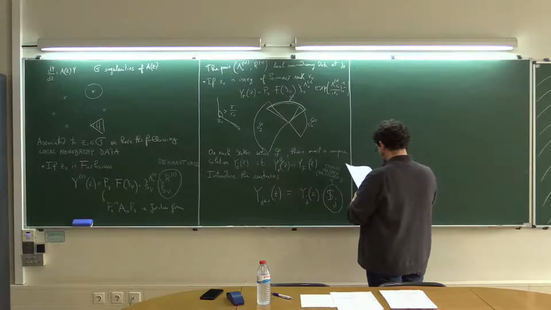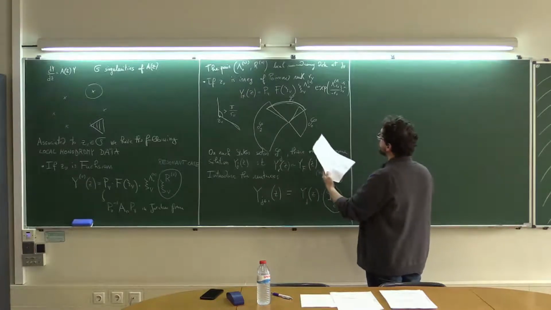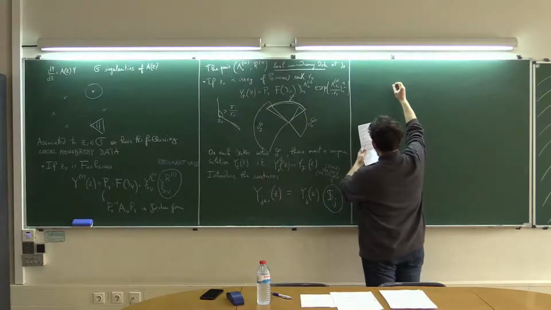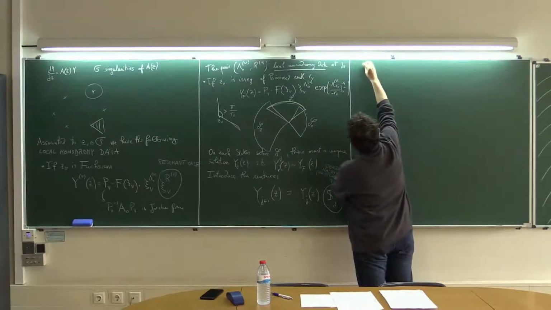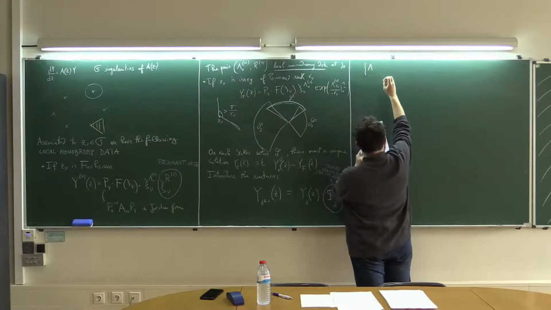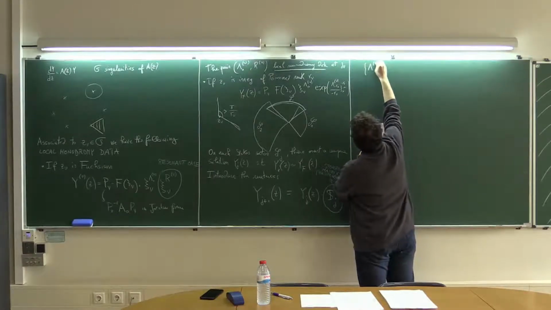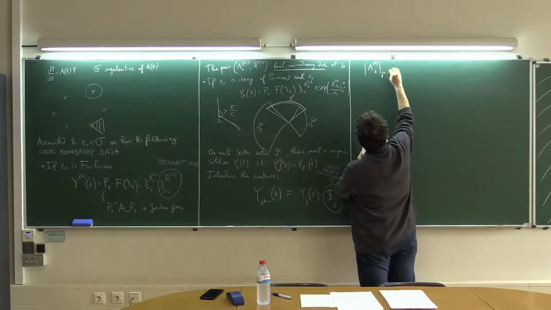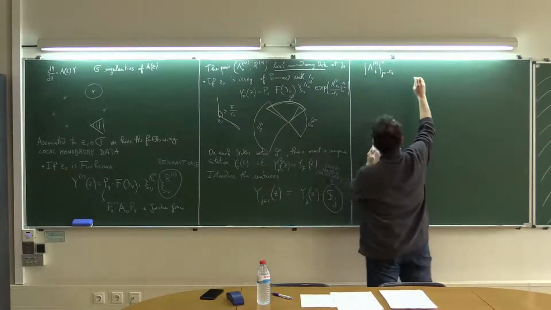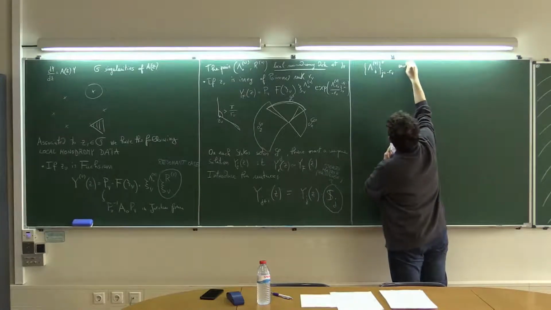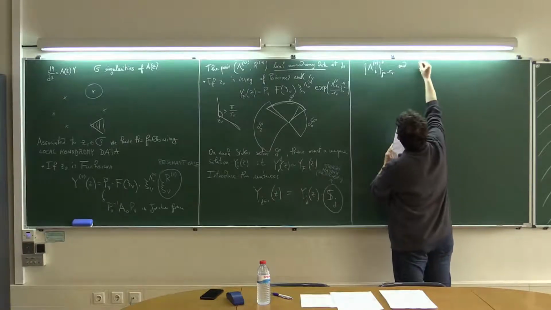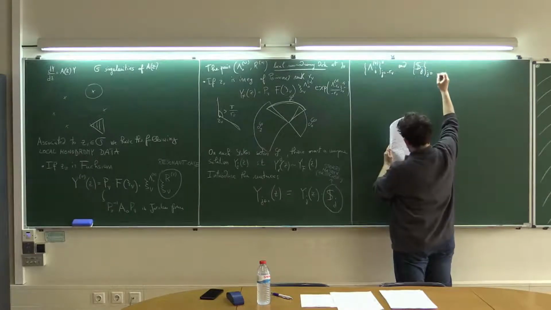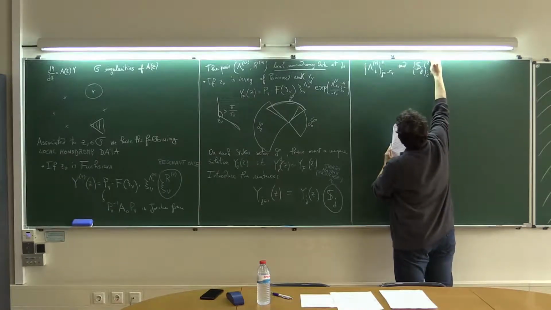And I will call, at an irregular singularity, local monodromy data a different bunch of numbers, namely the set of matrices lambda nu j, j from minus r nu to 0, and the Stokes matrices from j equal to 1 to r nu.